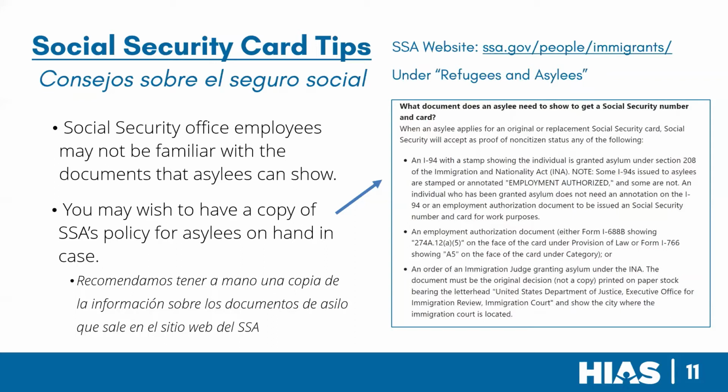So to prevent this from happening, I actually recommend that asylees take a copy of the information that appears directly on the Social Security Administration's website that explains the documents that asylees can show to get a Social Security card. And specifically, I'm speaking about the part that appears on this slide under the refugees and asylees section. So hopefully that might be a useful tip for you in case you do run into any issues while going through your Social Security process.